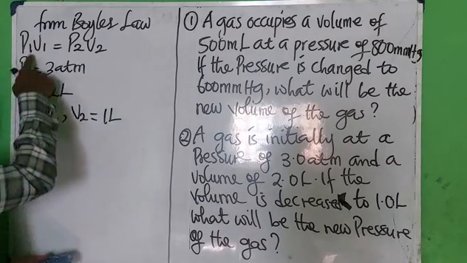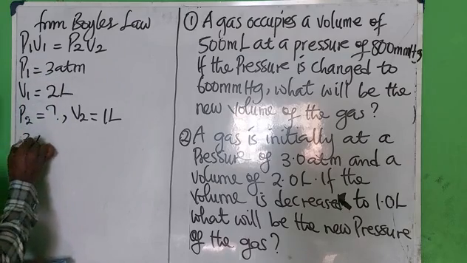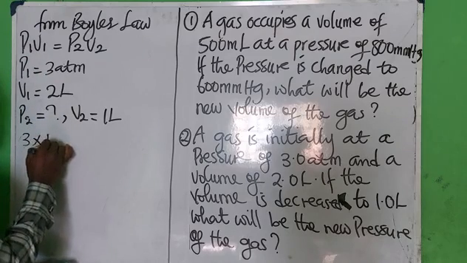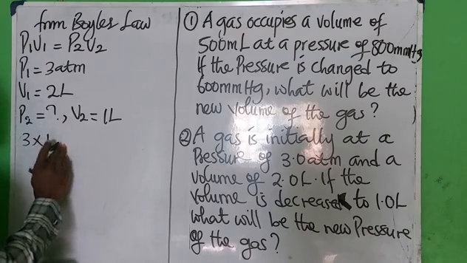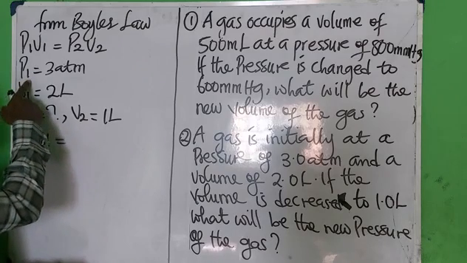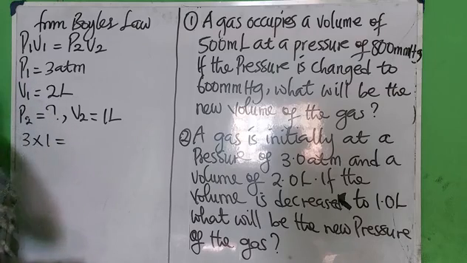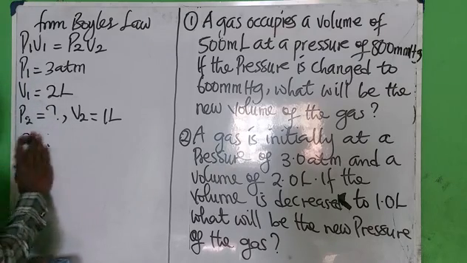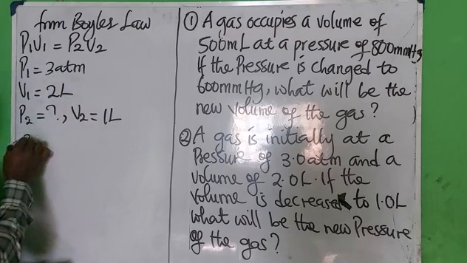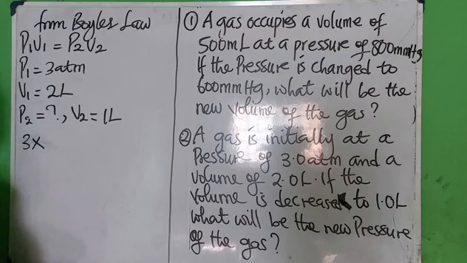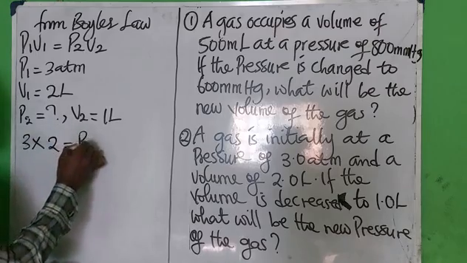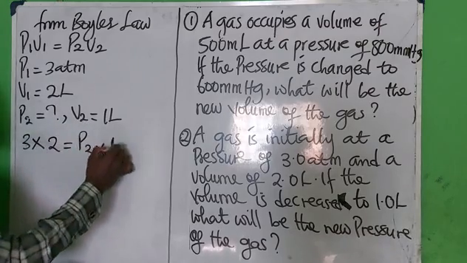So P1 is 3 times V1, which is 2. P2 isn't given, then V2 was given as 1.